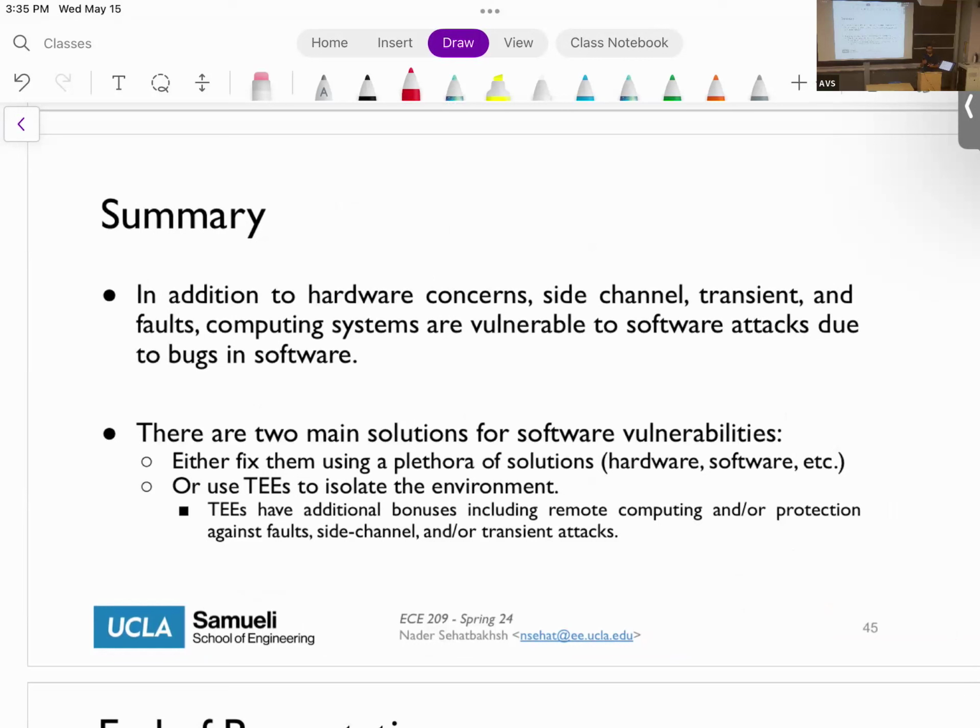We also talked about physical and fault attacks, including Rowhammer, also this week. But another large class of attacks happens at the software layer. By running software, you're introducing new vulnerabilities. And in order to fix them, you need to either fix the software, which is a very hard problem, or you use some form of hardware method to at least detect that a bad thing is happening and immediately prevent it.